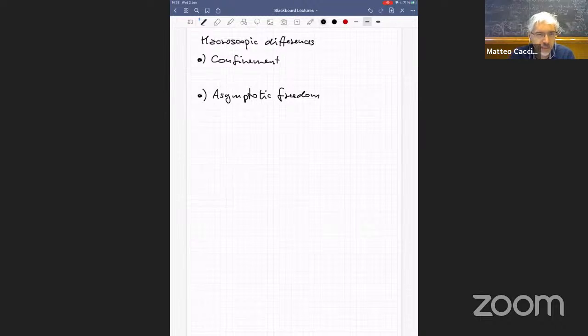So confinement is the statement that we never observe the fundamental degrees of freedom that are quarks and gluons. What we observe at large distances, and remember, these large distances means larger than 10 to the minus 15 meters.